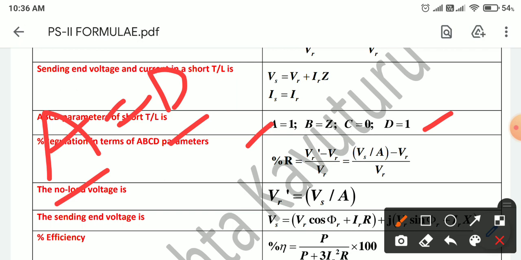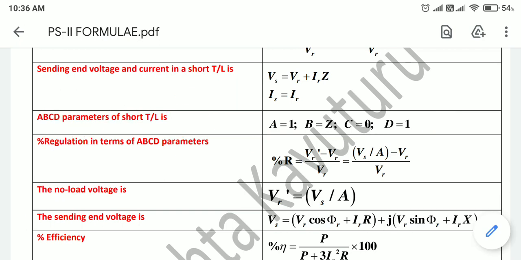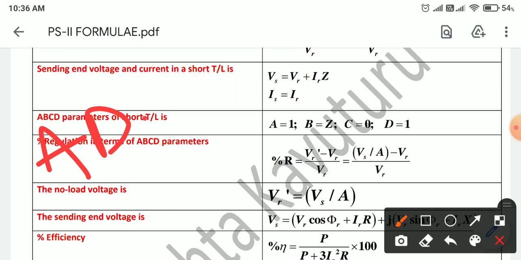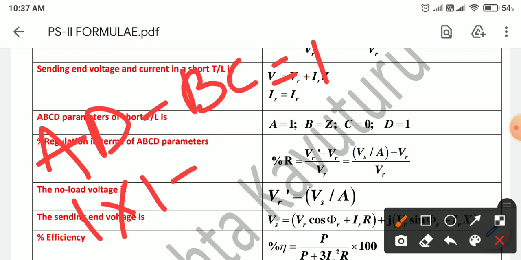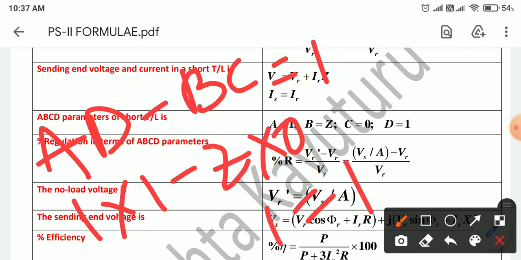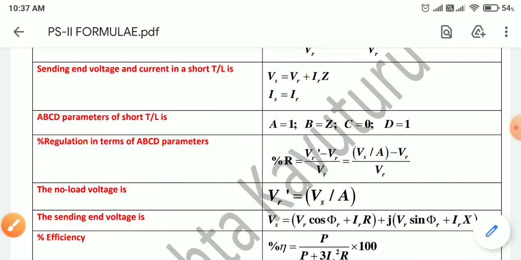And reciprocity means AD minus BC should be equal to 1. If you calculate AD minus BC, 1 into 1 minus Z into 0, we get 1. Therefore this circuit also validates the reciprocity condition.